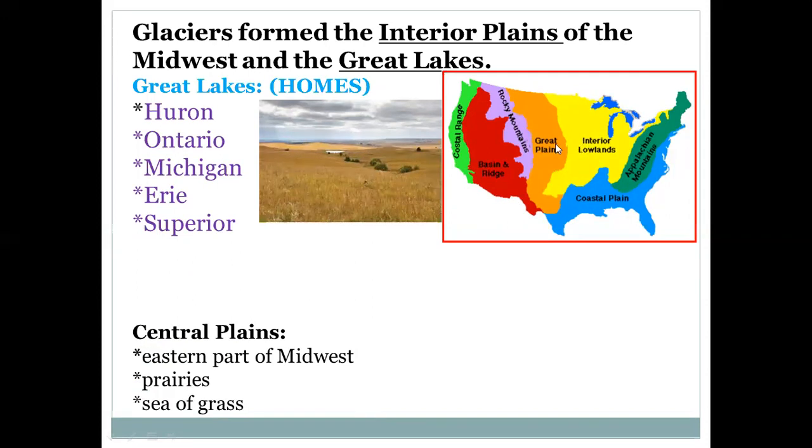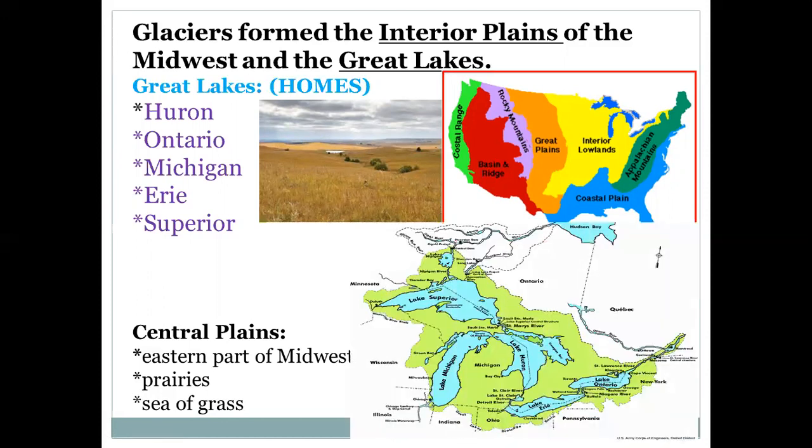All right, so the one in yellow is the interior lowlands, or the interior plains, and next to it is the Great Plains. They carved out 5 huge holes in the land. Then the climate warmed, and the melted ice from the glaciers slowly filled the holes. Then, as the climate warmed, miles and miles of prairies were left in the interior plains.